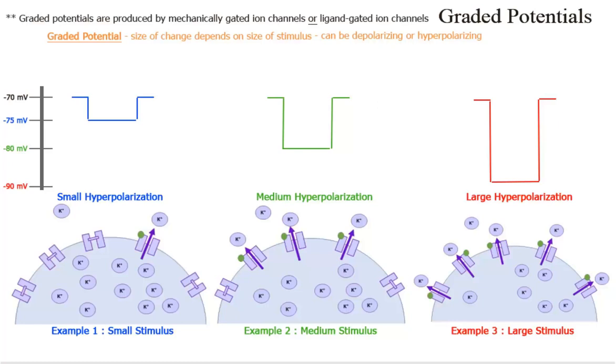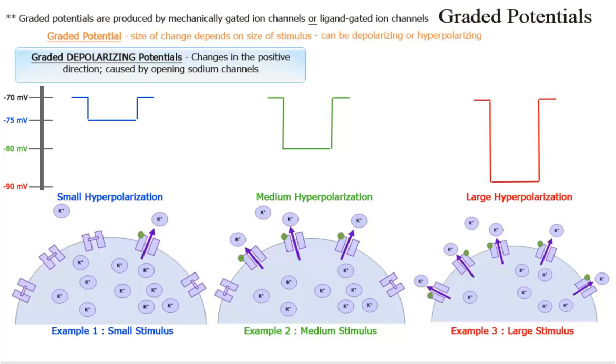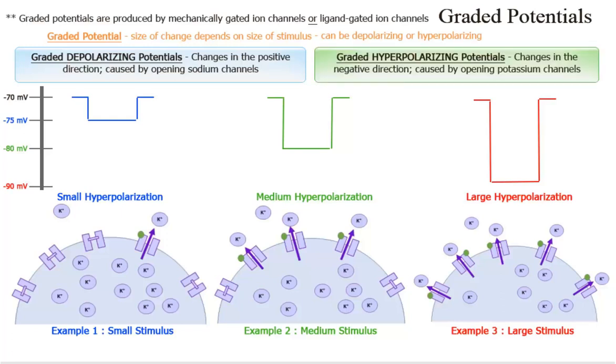So opening sodium channels, it could be a mechanically gated sodium channel or a ligand-gated sodium channel, will cause graded depolarizing potentials. And opening potassium channels, it could be a mechanically gated potassium channel or a ligand-gated potassium channel, causes graded hyperpolarizing potentials.